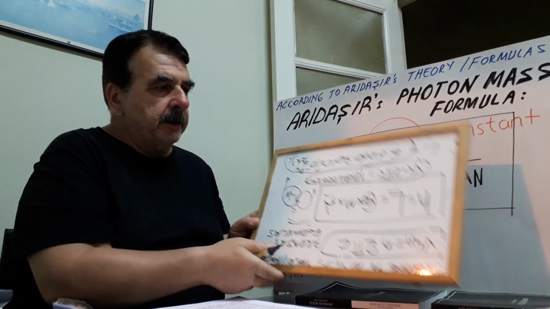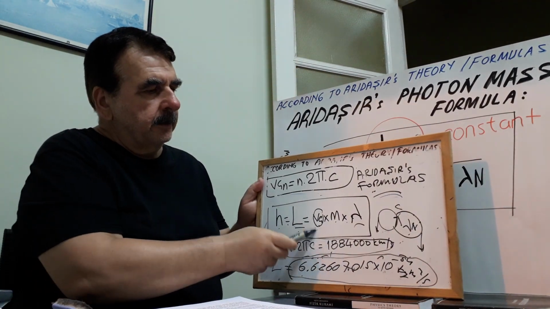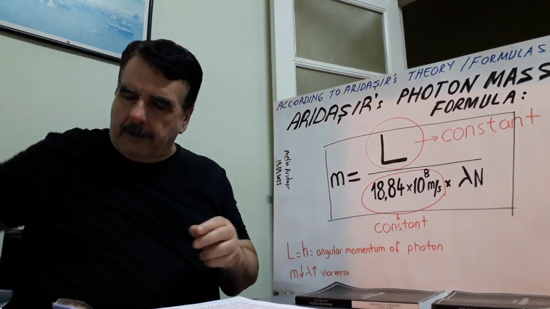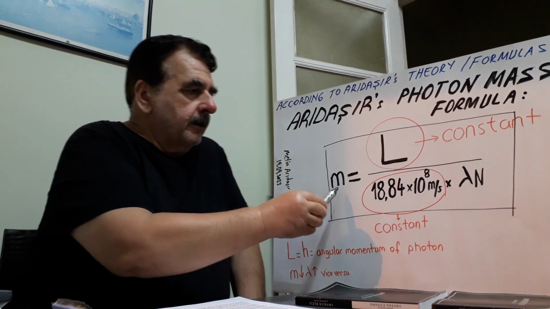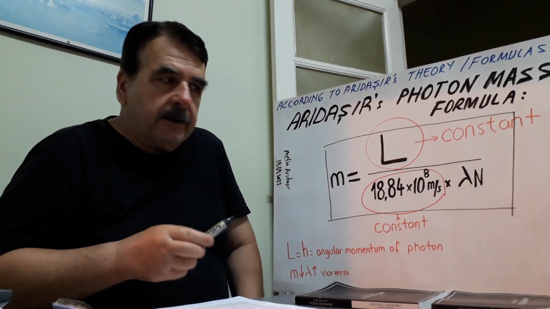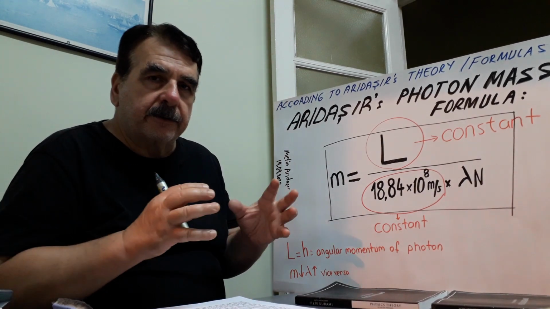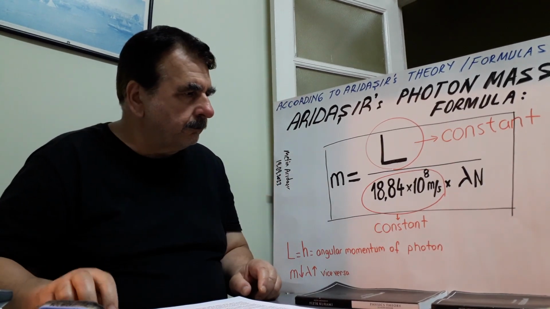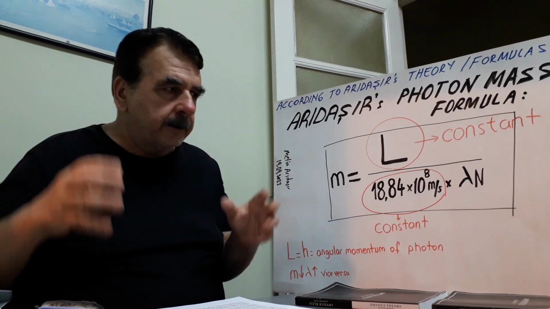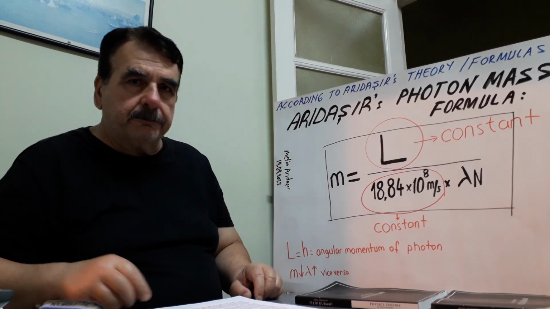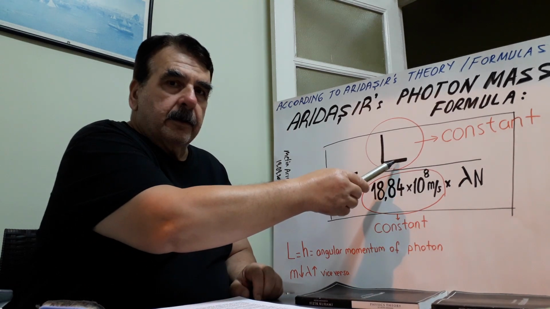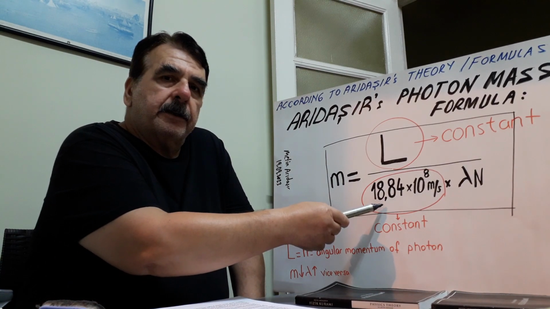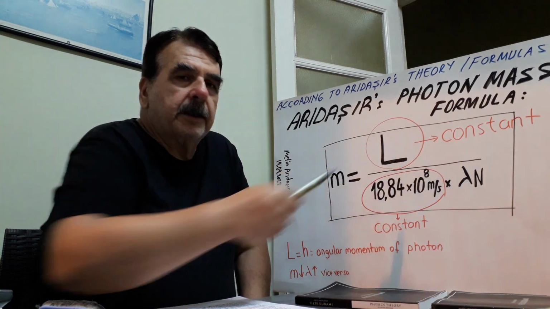We can derive from this formula that I put forth: mass, provided that the electron motion form is not relocating, but it is a motion form that goes on cycling, is equal to angular momentum divided by 1,884,000 km/s multiplied by lambda normal.